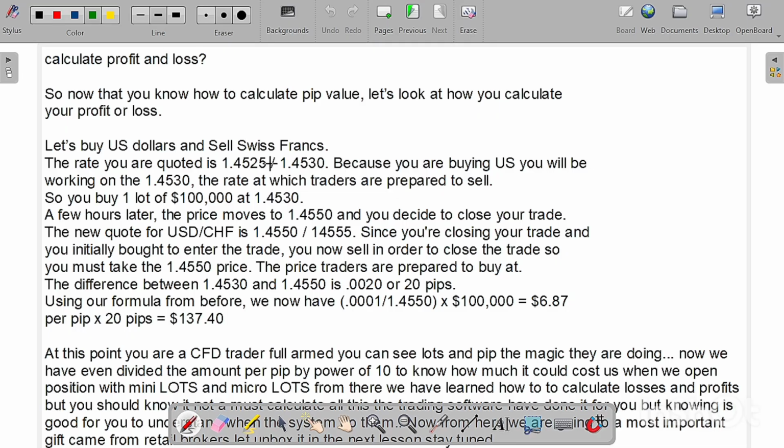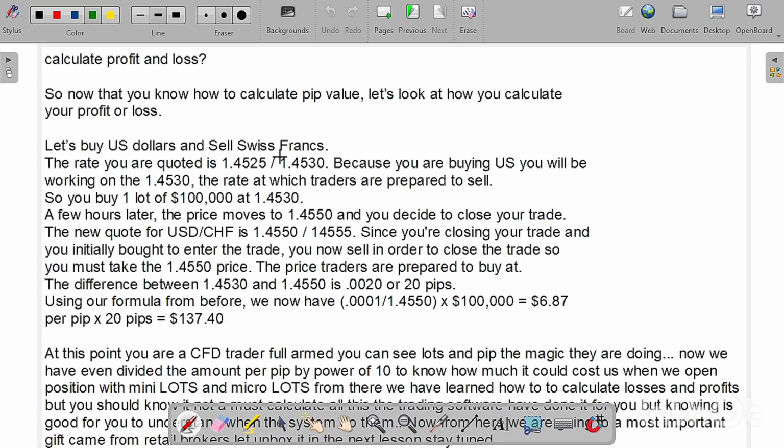You could remember in our previous video, somewhere I put a sticker on how quotes are shown in the MetaTrader. If you subtract this figure, 1.4525, from this, you'll see there's a difference of about 5. So that could be the spread. That's where the spread goes.